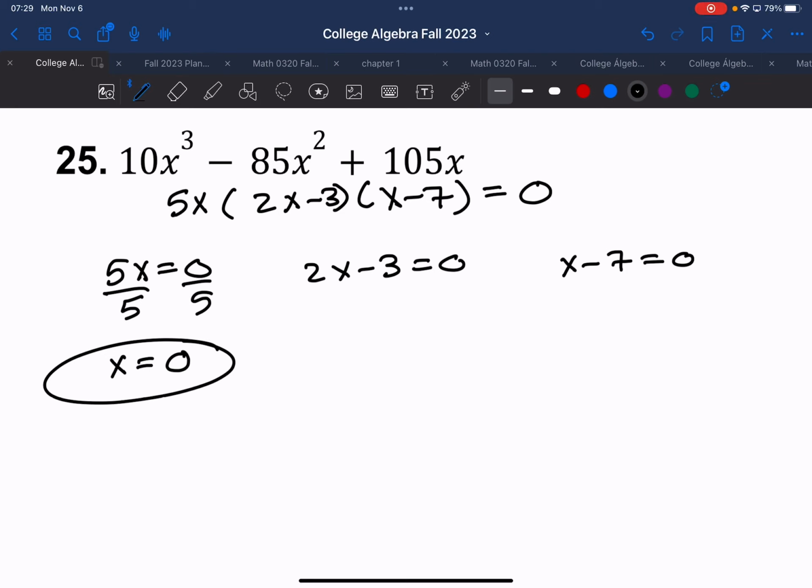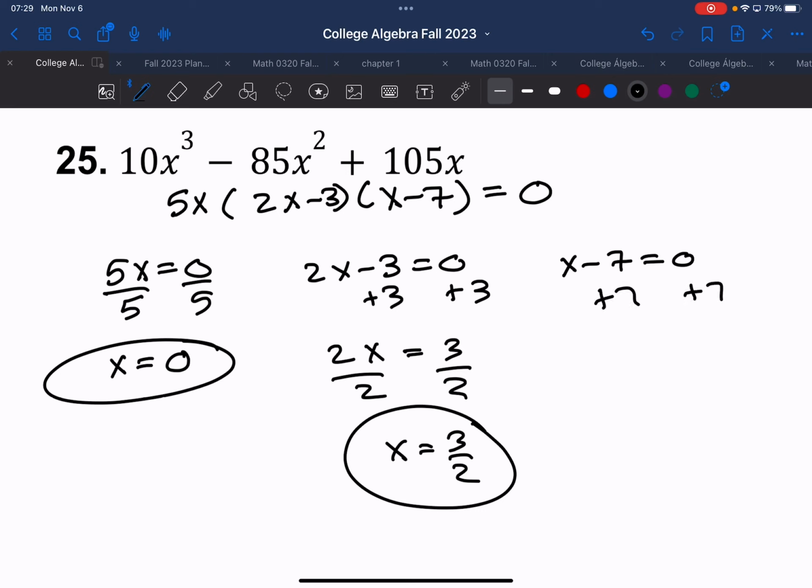Okay? Then do the same thing for the other two. Solve them for x. So you should have got 0, 3 halves, and 7.